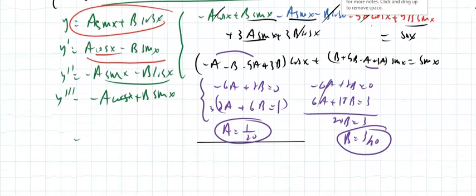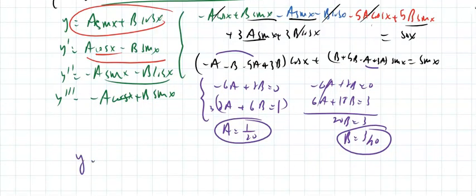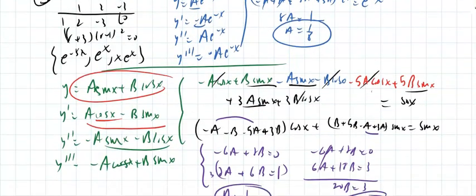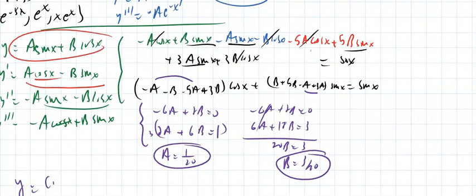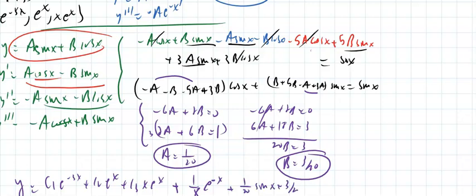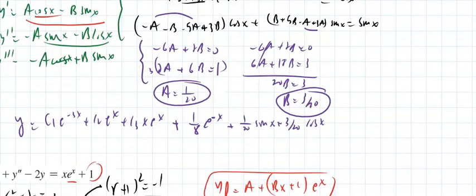So now that I know what those are, I could go ahead and say y equals c sub 1 e to the negative 3x plus c sub 2 e to the x plus c sub 3 x e to the x plus 1 over 8 e to the negative x plus the number in front of the sine is going to be 1 over 20 sine of x plus 3 over 20 cosine of x. And that's pretty much the entire solution.